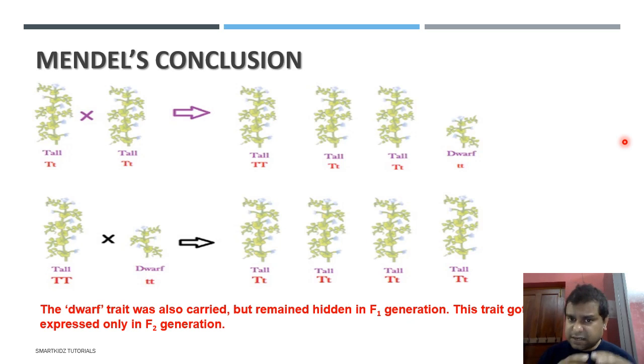But this characteristic of the tall plant dominated or overpowered, or you can say superseded, the dwarf plant, as a result of which mostly only the tall plant was observed. So this trait for the short plant remained in the F1 generation but was not expressed. Only when the self-pollination was carried out, it was.